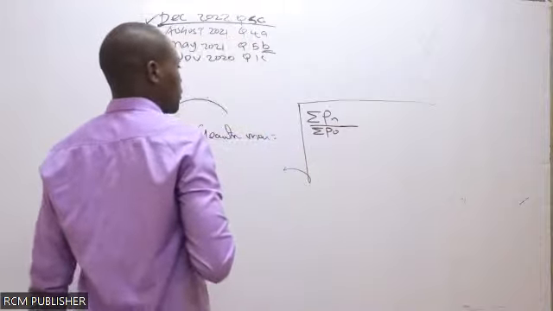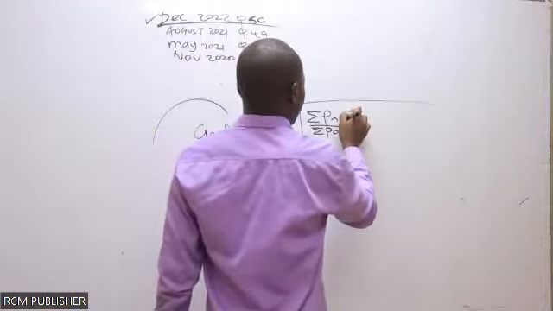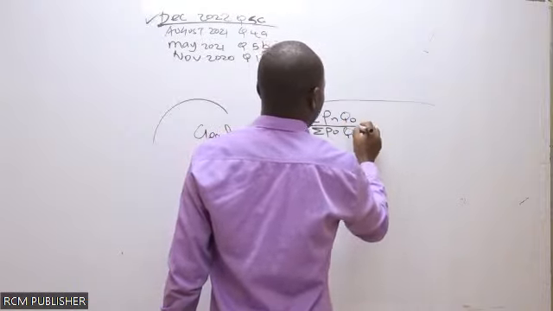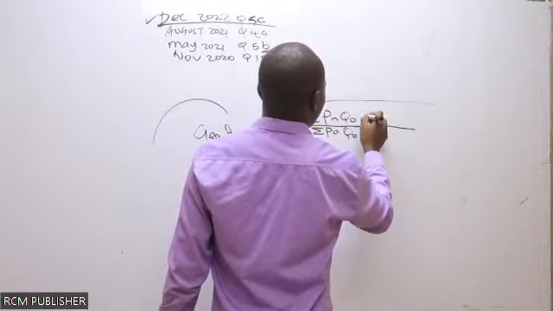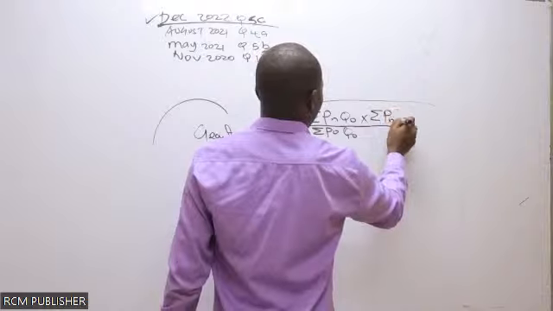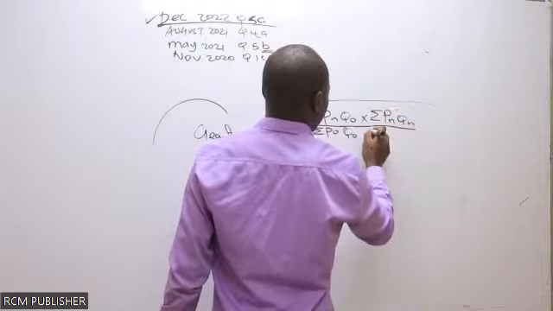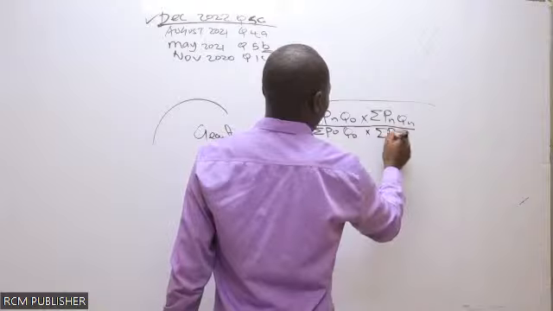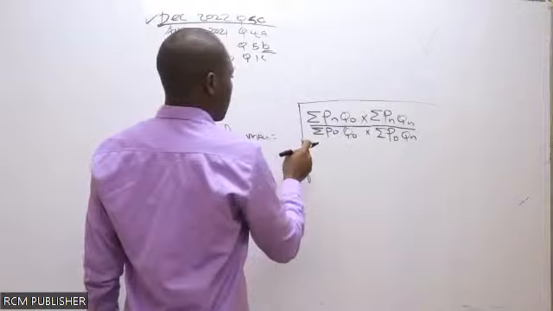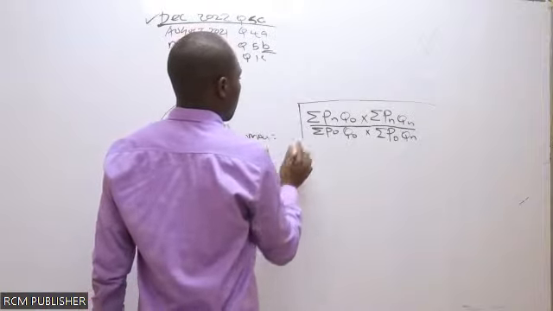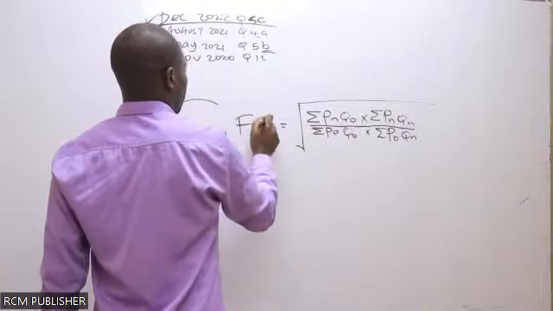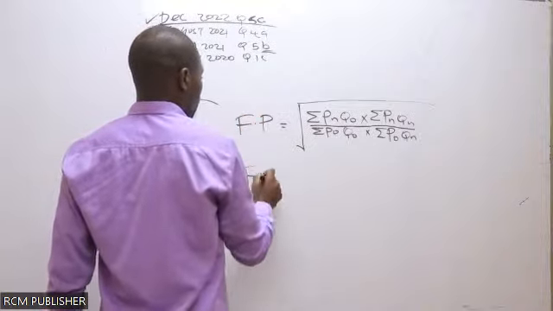Then remember the weight is the quantity of the period of reference. And then we multiply by summation of PnQn over summation of P0Qn. So by doing that, we already have Fisher's price index. Fisher's quantity index.